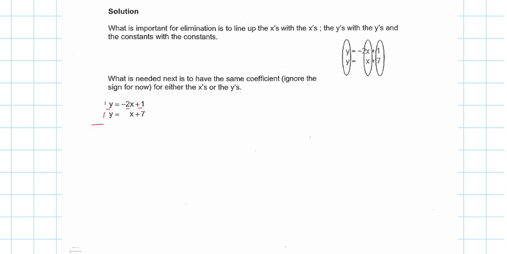I have 1y minus 1y, that gives me 0, then I write my equal sign. 0y is the same thing as 0, and I want to get rid of that y. Now, negative 2x minus x.